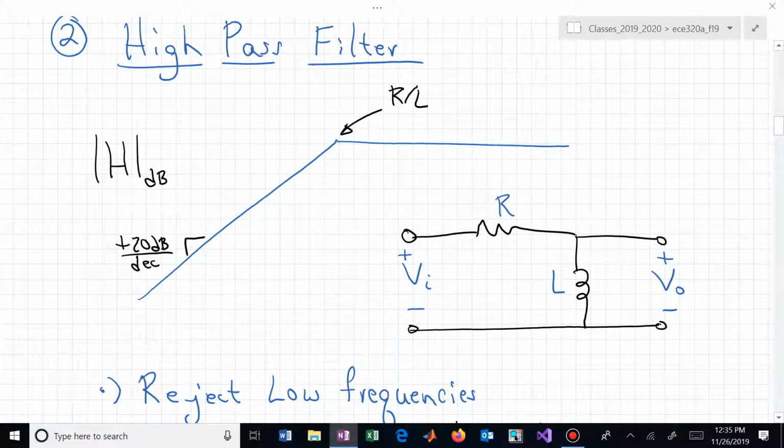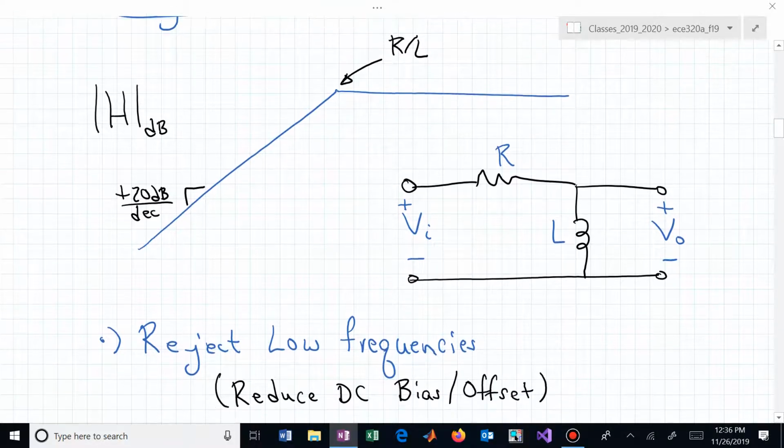And here, again, it's first order, which means we have the first order slope, and the corner frequency or the break frequency is related to the R and L parameter values. It's R over L, and this can be used to get rid of DC or low frequency signals, in contrast to what we were doing with the low pass filter.